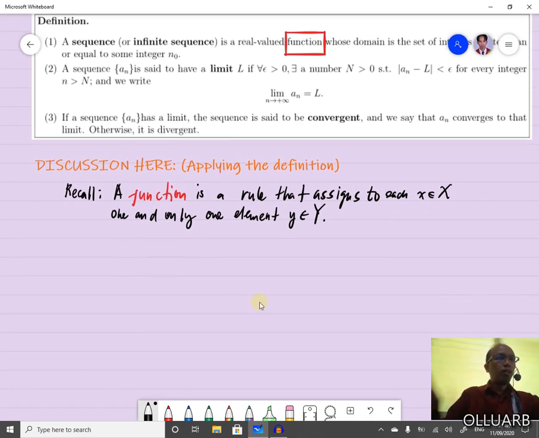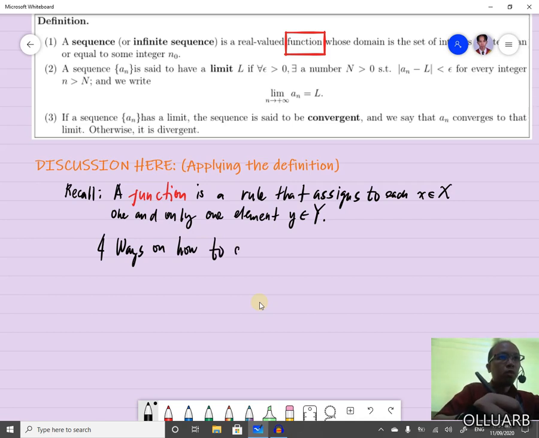We are not talking here about sequences first. Let's try to understand the word function. There are four ways to describe or visualize a function.